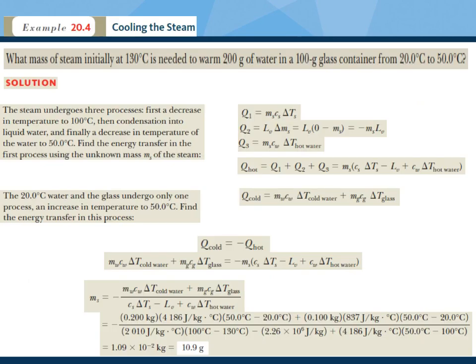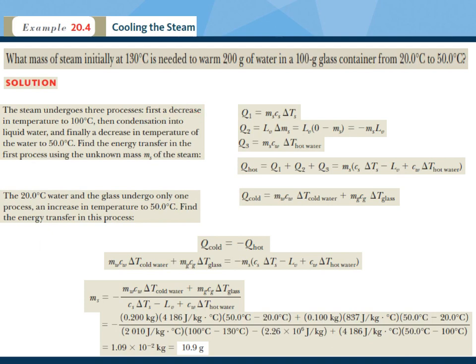In this example, we want to calculate the mass of steam initially at 130 degrees Celsius needed to warm 200 grams of water in a 100 gram glass container from 20 degrees Celsius to 50 degrees Celsius. The steam will undergo three processes.